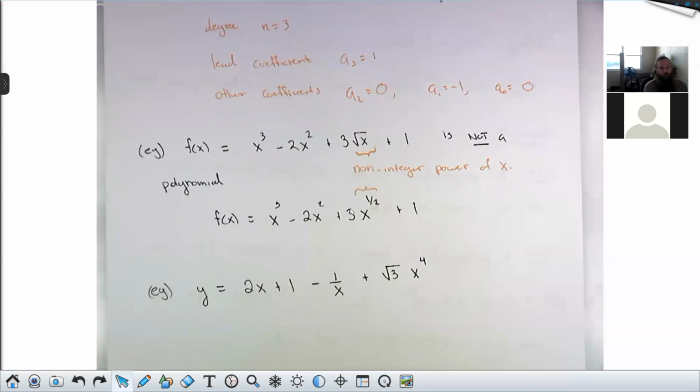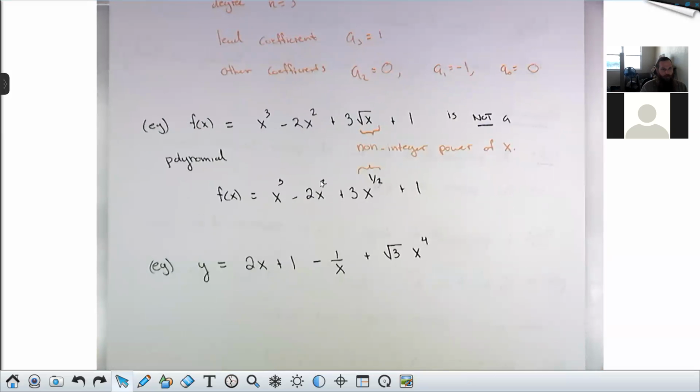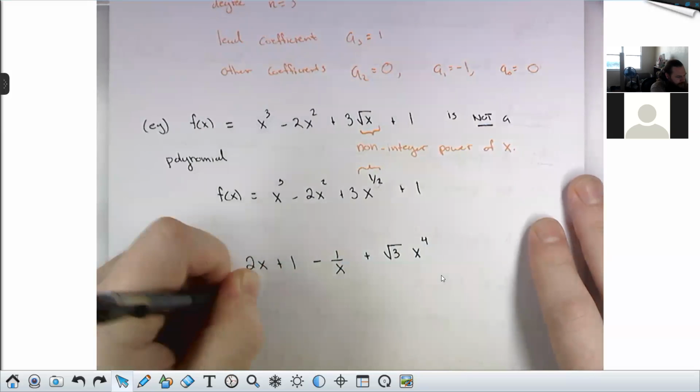Is this a polynomial? Yeah, good, it's not. Which pieces give us problems here? Good. Yeah, very good. The 1 over x is an x to the -1. What about, so there's another piece here that could be giving us trouble, right?